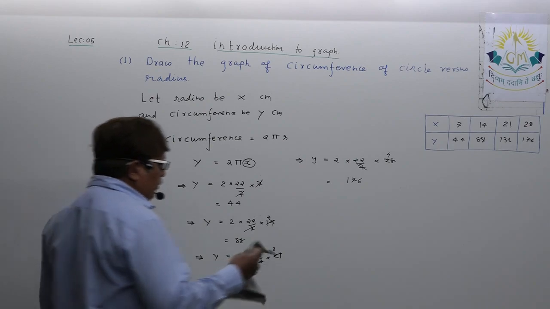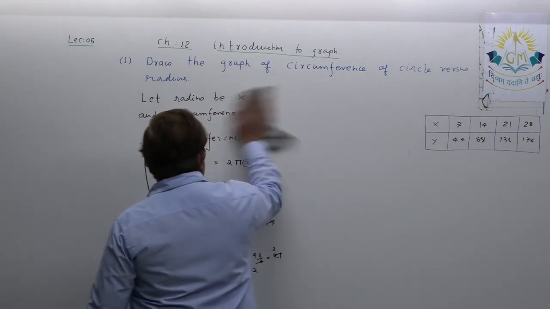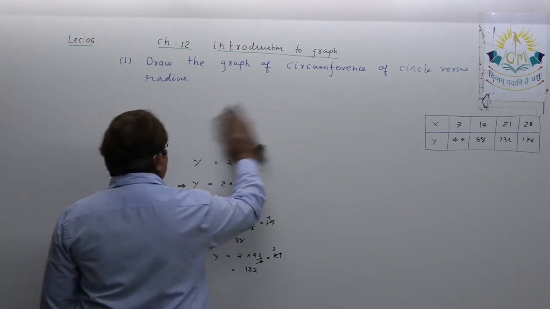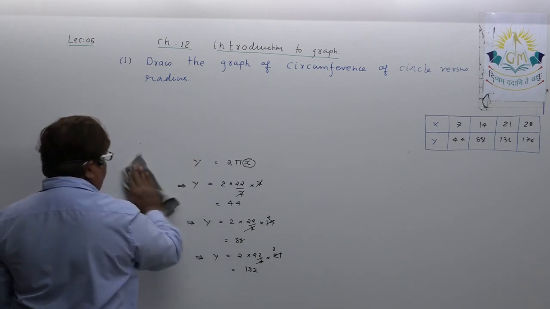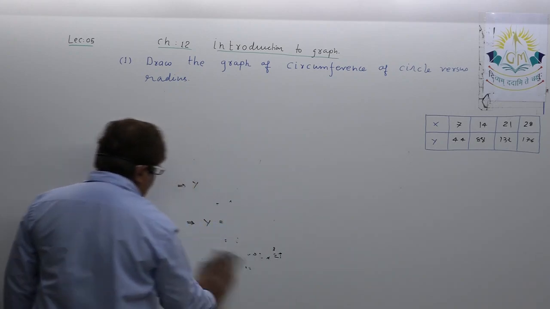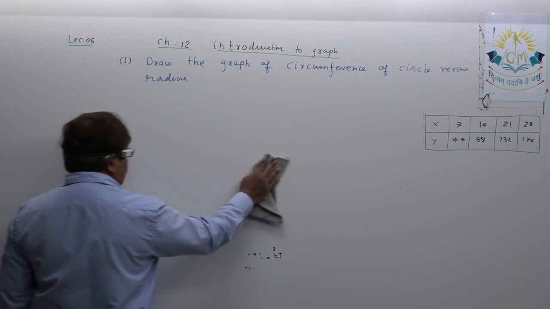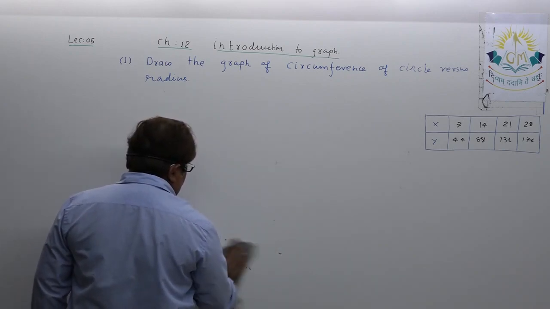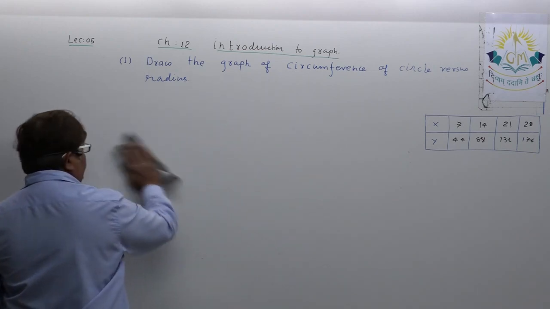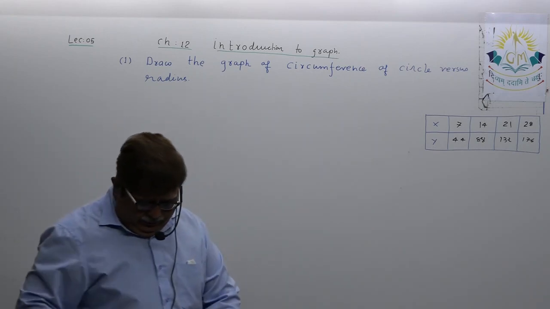Now let us go for representing the data on the graph. Here, dear student, I have intentionally taken this example. The purpose is that on both the axes, x-axis as well as y-axis, you have to take scale.